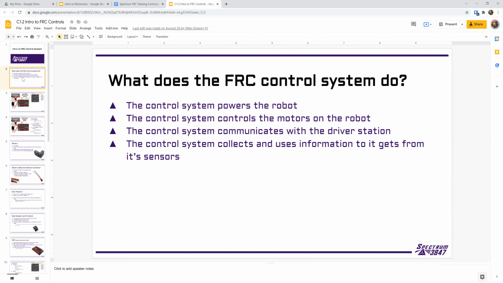Then the Robo Rio figures out and sends to the motor controllers what to do. And then it collects and uses any of the information it gets from the sensors. So the Robo Rio, again, is the processor, computer, the brain, whatever you want to call it, that's part of the control system. It's receiving that information and then sending instructions out to the motor controllers about what to do with that.